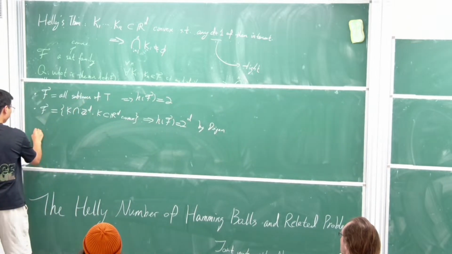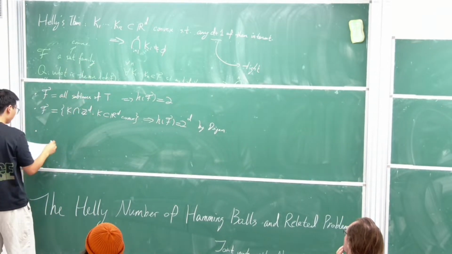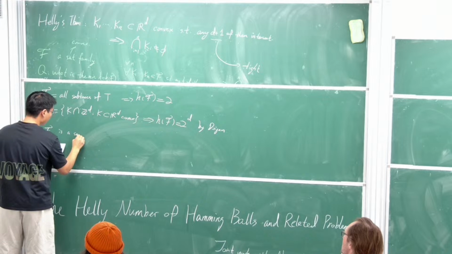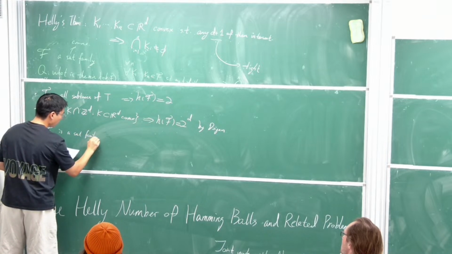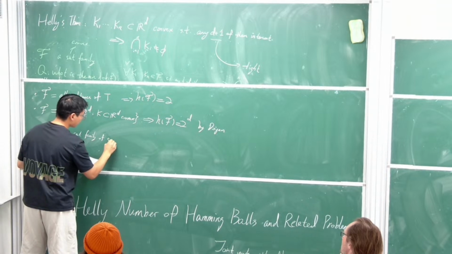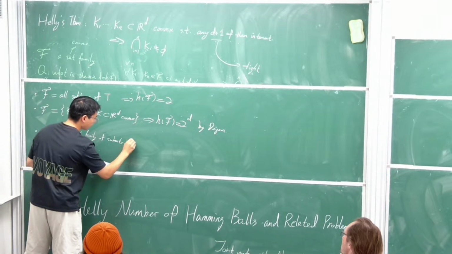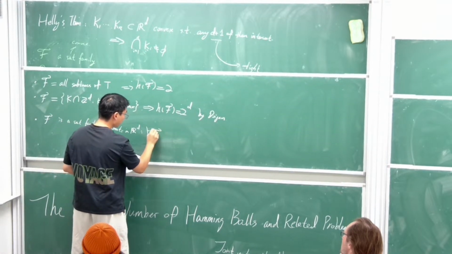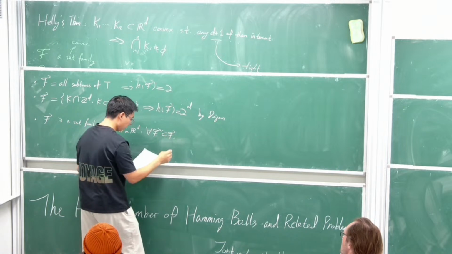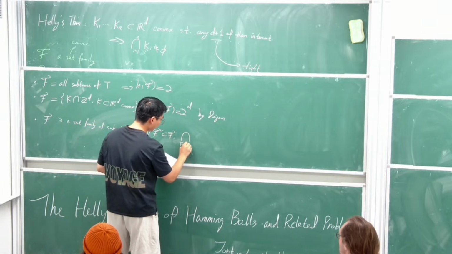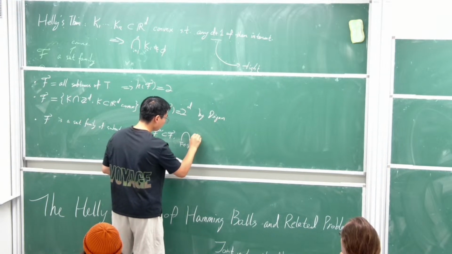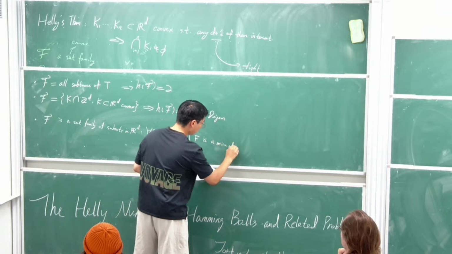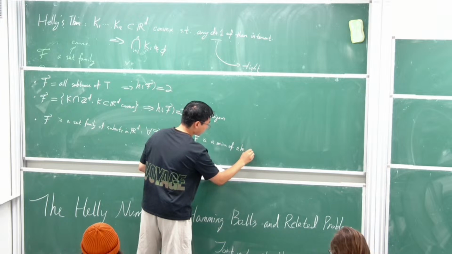Another example is a generalization of Helly's theorem. So F here is any set family of subsets in R to the D with the following condition, that for any subfamily of F, the intersection of everything inside this subfamily is a union of at most K convex sets, not necessarily convex.